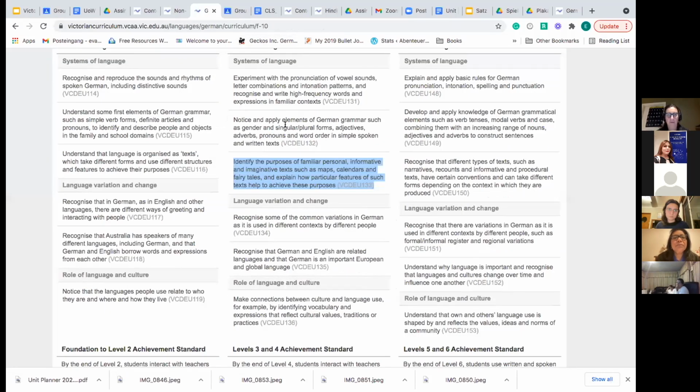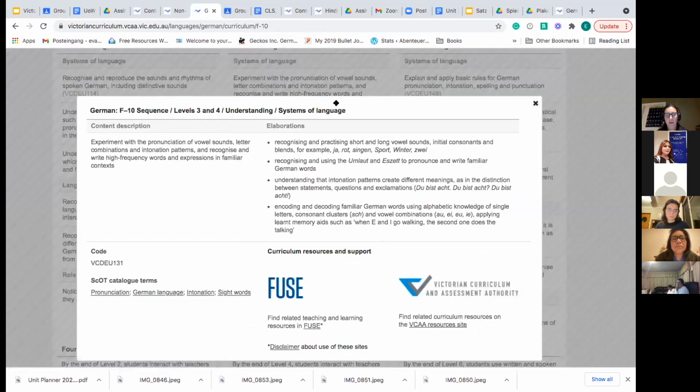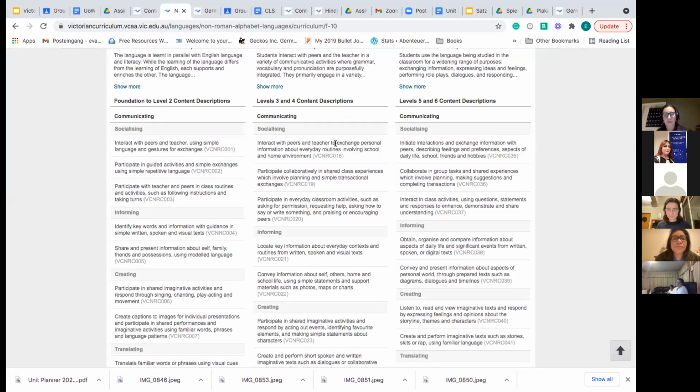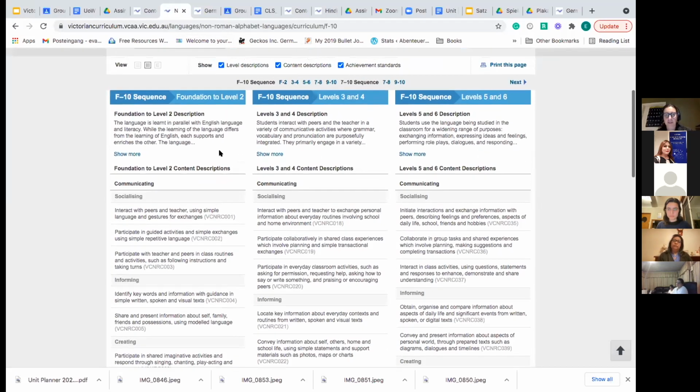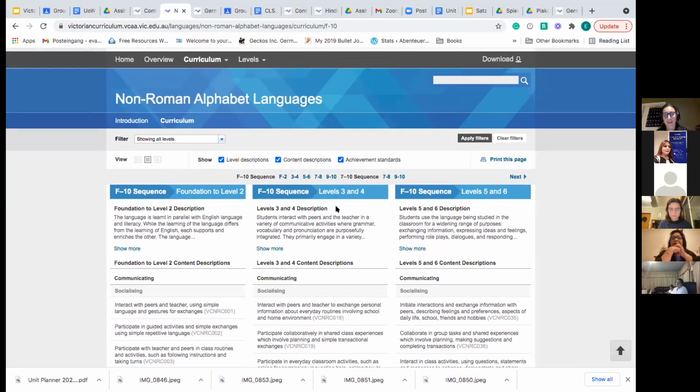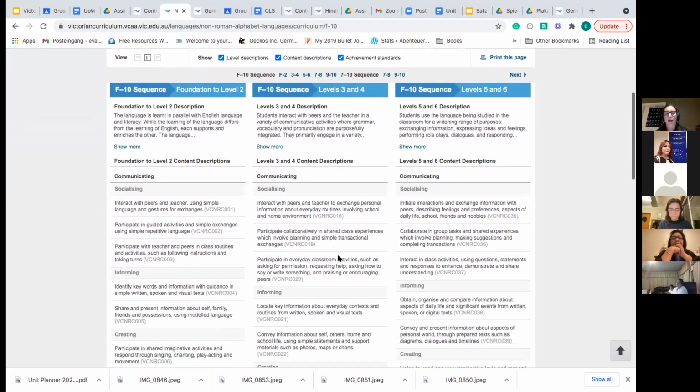If you do the same for German, you have German words in here, like Ja, Rot, Singen, Sport, Winter. You don't have that here in the general curriculum. But nonetheless, you have your strands communicating and so on for the different year levels. It's the same structure like with every other curriculum, with every other language. It's just that you look for the non-Roman alphabet languages and use the general curriculum.